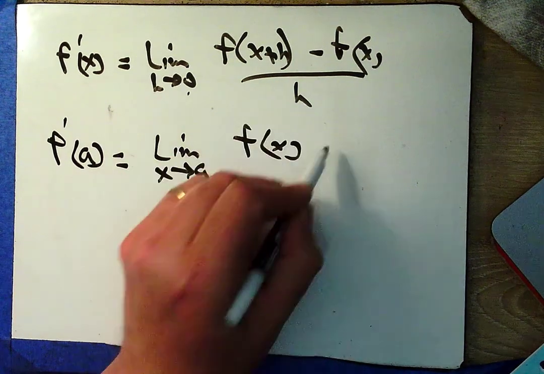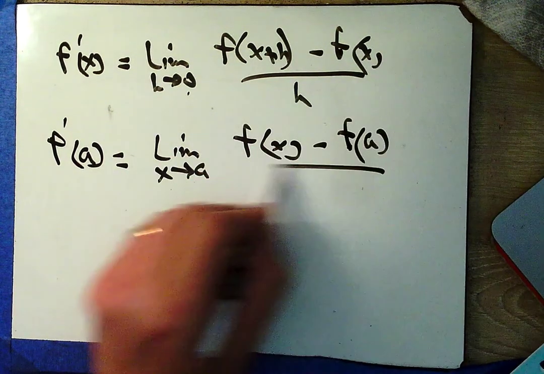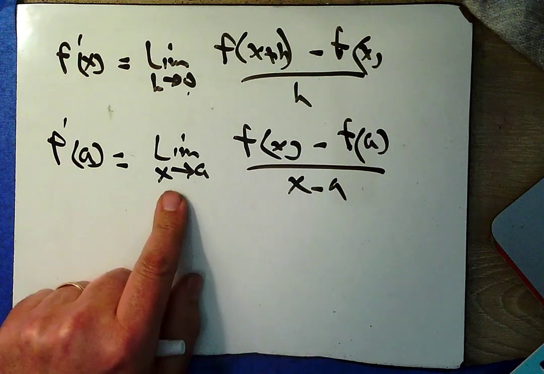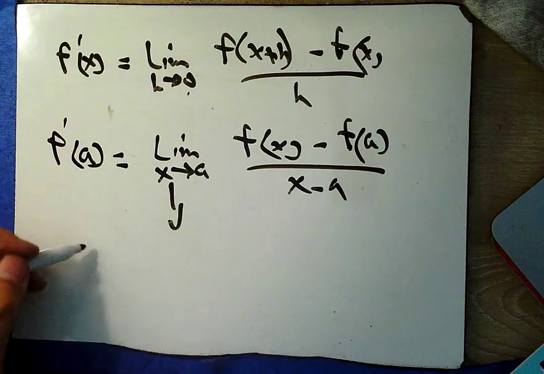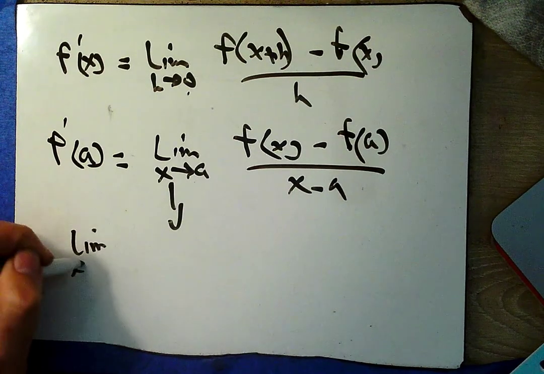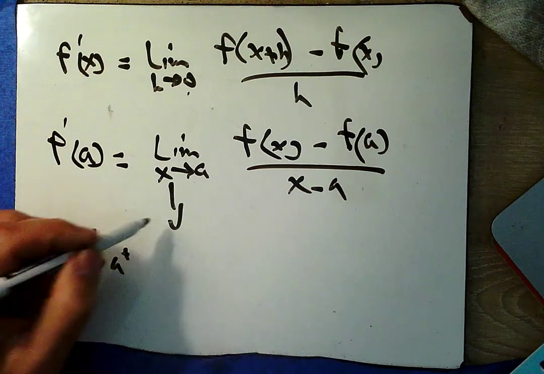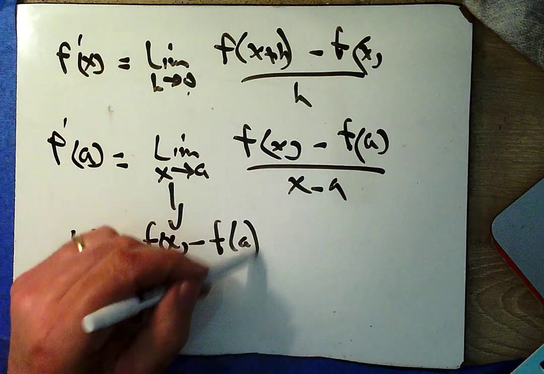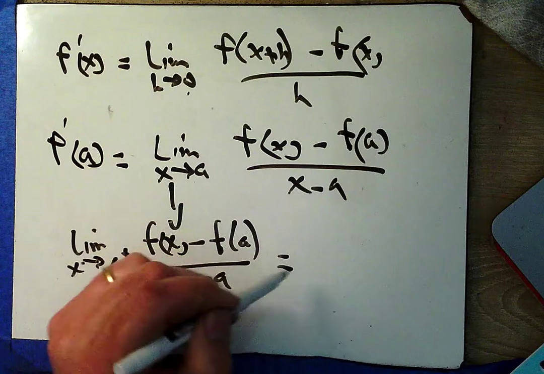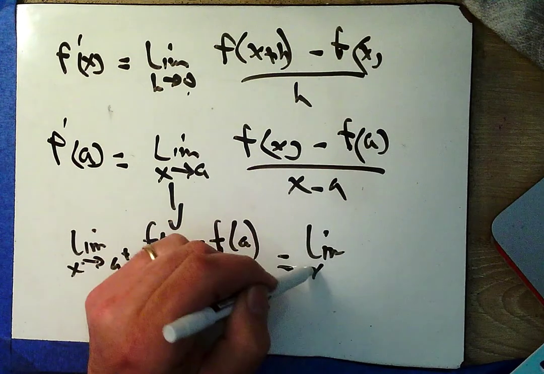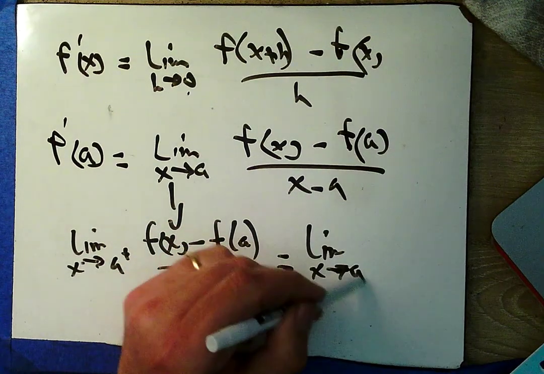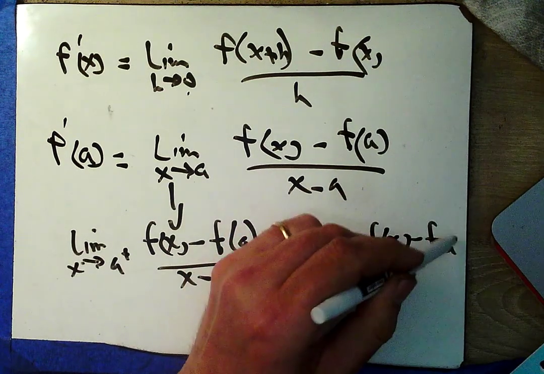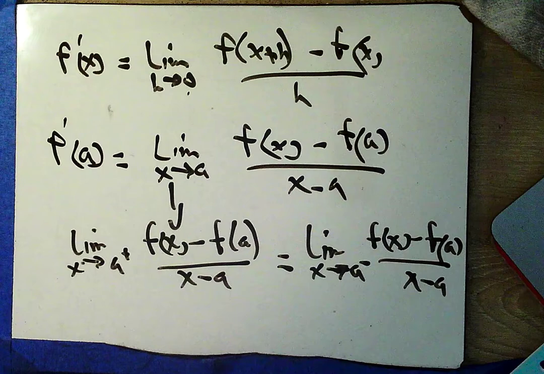f of x minus f of a over x minus a. So in order for this limit to exist, we need to know that the limit as x approaches a from the positive side of f of x minus f of a over x minus a equals the limit as x approaches a from the negative side of f of x minus f of a over x minus a.